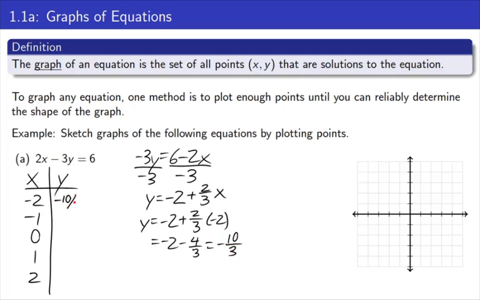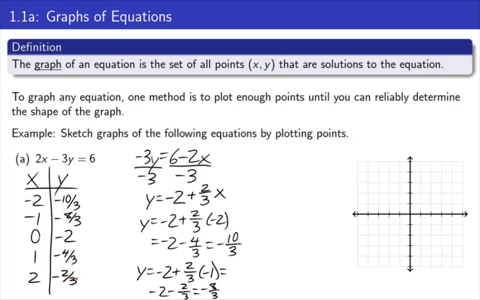When I plug in negative 1, I get negative 2 minus 2/3, so that's negative 8/3. When I plug in 0, I'm going to get negative 2. At 1, it looks like I'll get negative 4/3. And also at 2, I get negative 2/3.